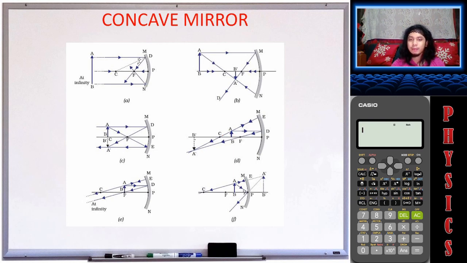Ayun, may nabuong image beyond center, which is bigger, inverted, and real. And then kapag focus, ano mangyayari? Ayan, wala na namang nabuong image kasi po nag-parallel lang yung rays, walang intersection ng rays, edi wala, no image. So, tatandaan, pag focus, no image lagi.